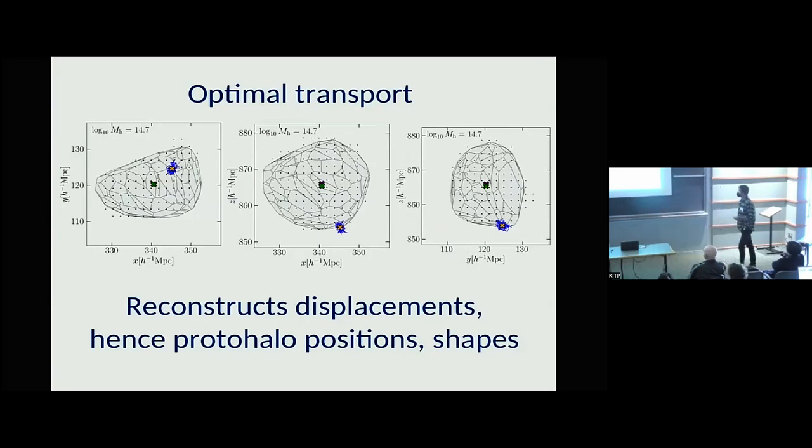Just to look in a little more detail, here's another halo that's fairly massive, 10 to the 14. This is the same halo, we're just looking from the 3 different directions. The center of mass has moved quite a lot, but the reconstruction is able to bring it back to where it started. These lines here are what we use. Outside the halo, there are more grid points, which are all the other particles that were not in the halo.